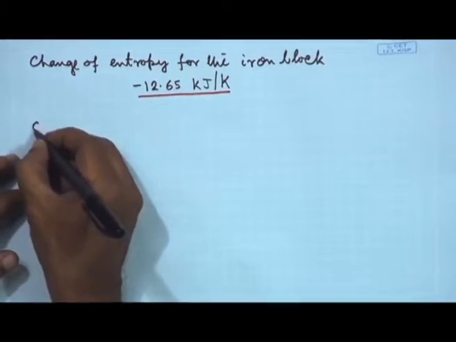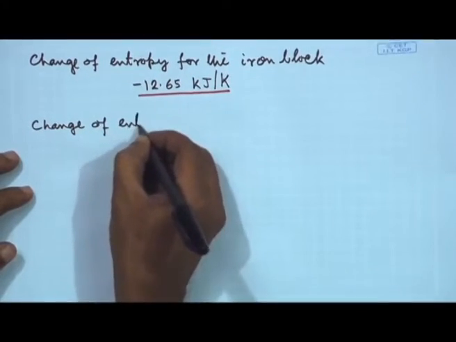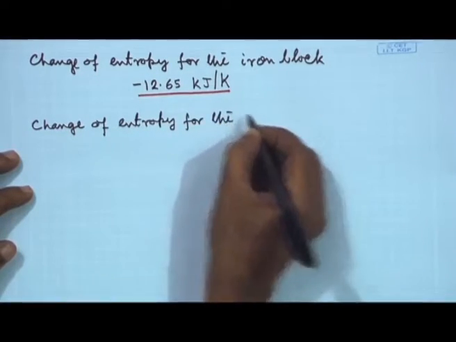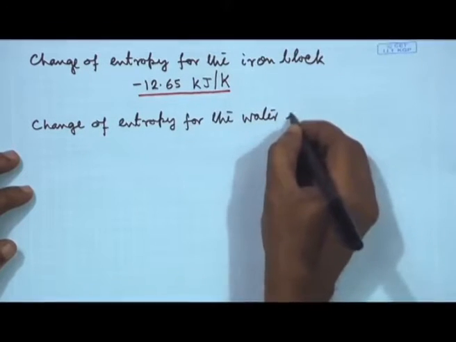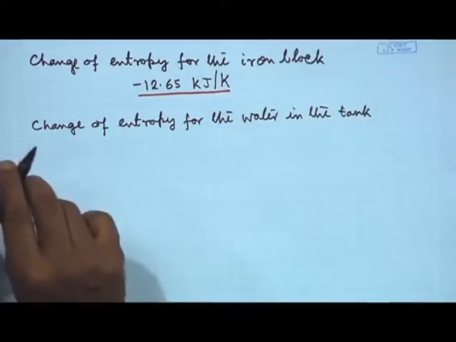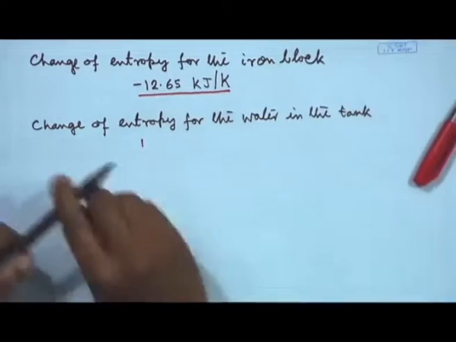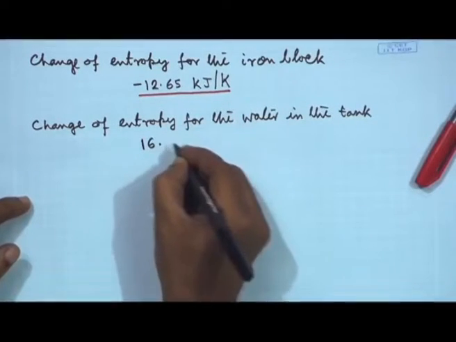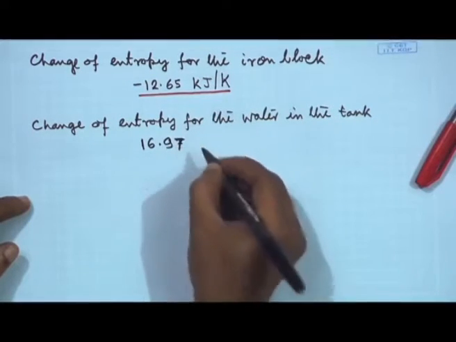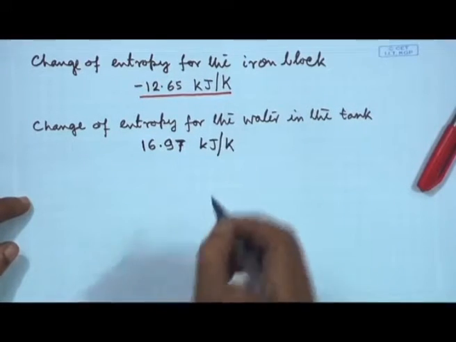Then we can determine the change of entropy for the water in the tank, and that we have calculated as 16.9797 kilojoule per Kelvin.